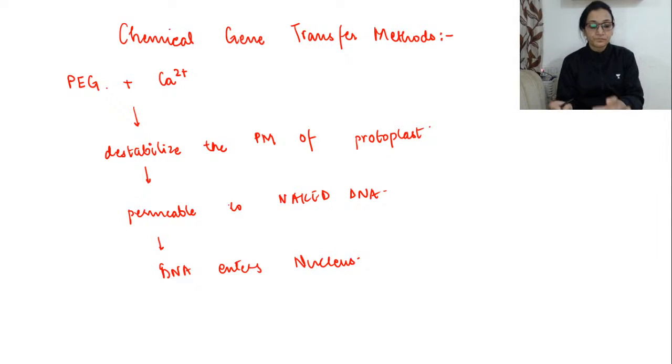So random integration of foreign DNA can occur, and regeneration of plants from the transformed cells is a little problem, right? So that is the first method, polyethylene glycol mediated.